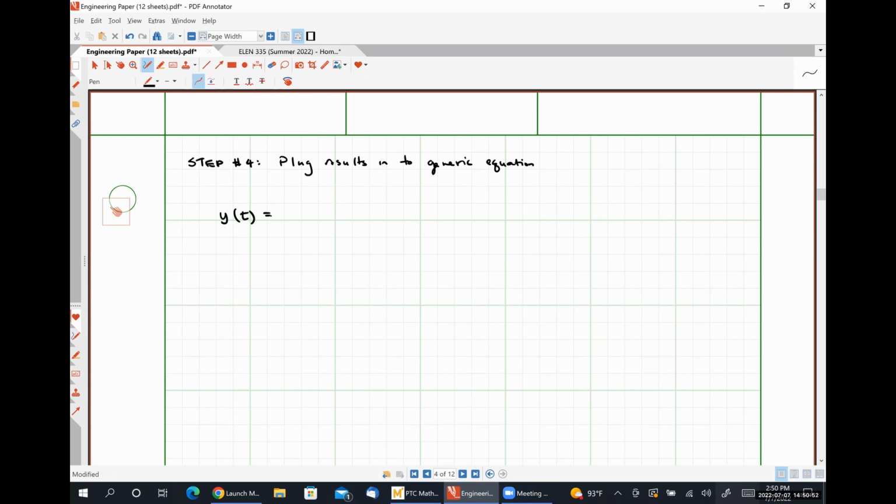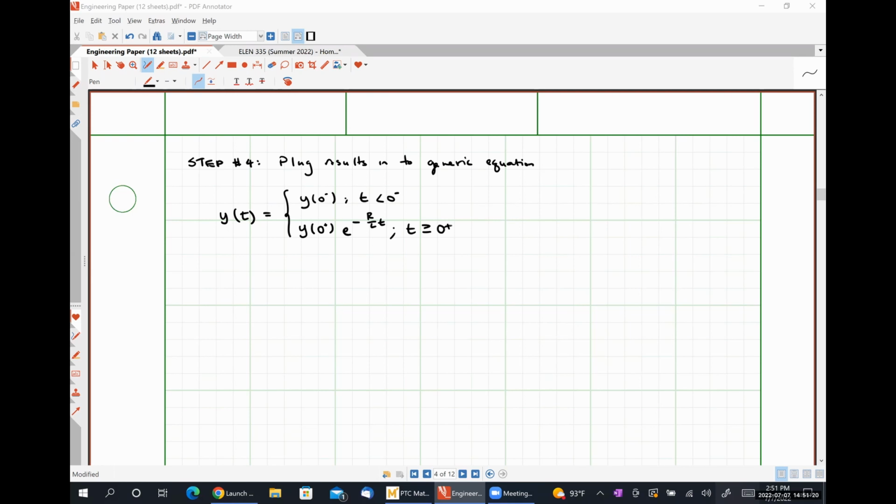Our generic equation, y of t, is equal to y at 0 minus for t less than 0 minus, and y at 0 plus, e to the negative R over L times t, for t greater than or equal to 0 plus.